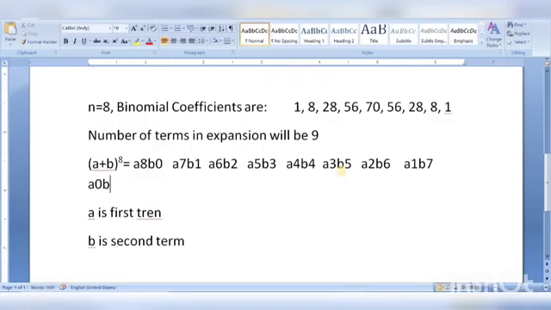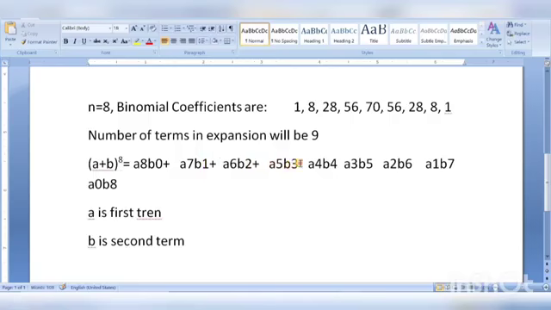And the last term will be A raised to 0 and B raised to 8. So first of all, you have to write down the powers of the first term and second term in the bracket, and when you consider the second term, you have to pick it up along with its sign. Here, as we have a plus value, every term will be positive, so I will give a plus sign everywhere because no negative sign will be there, as we have a plus sign in the bracket.